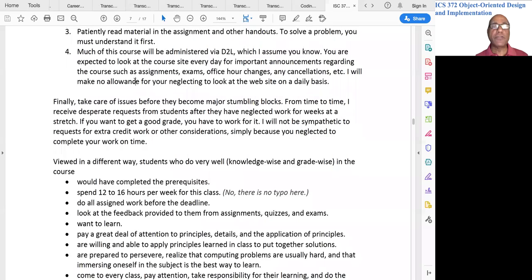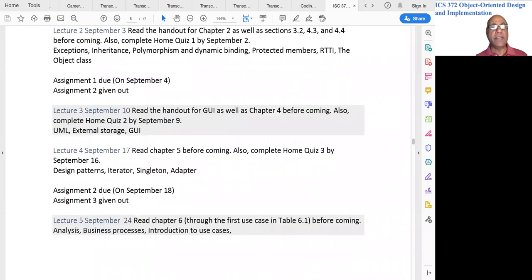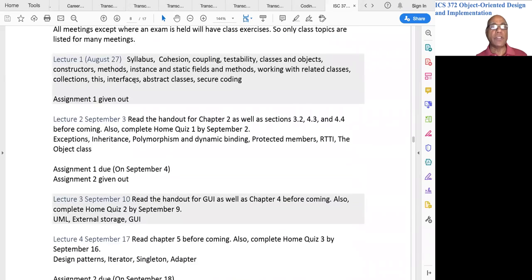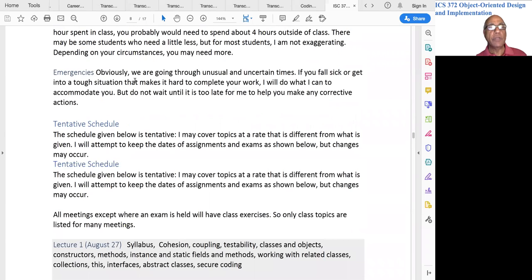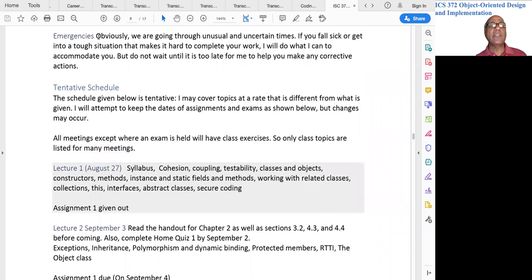There is a bunch of stuff at the end. Of course, there is this schedule which you should go through. And another thing I forgot, that is regarding this special situation that we are all in. I know things are very difficult for many people, and there is a lot of uncertainty about the whole situation.